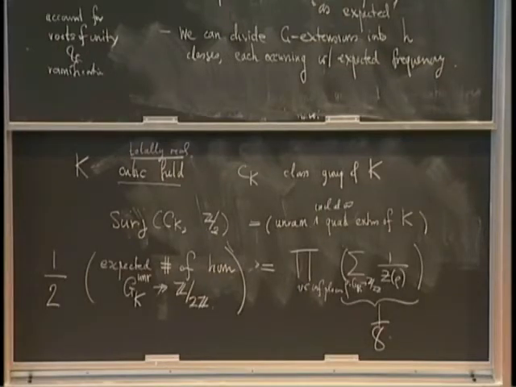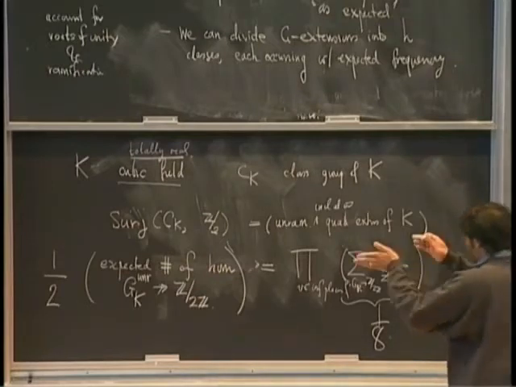So what this predicts, as the Cohen and Lenstra heuristics predict, is the expected number. What does expected number mean exactly?